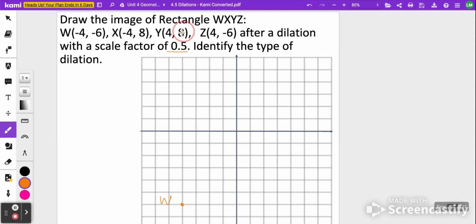It's going to end up here. And mine went kind of off the screen. Then I have (4, 8), which would end up over here. 1, 2, 3, 4, up 1, 2, 3, 4, 5, 6, 7, 8. And then Z is (4, -6). 1, 2, 3, 4. Down 1, 2, 3, 4, 5, 6.